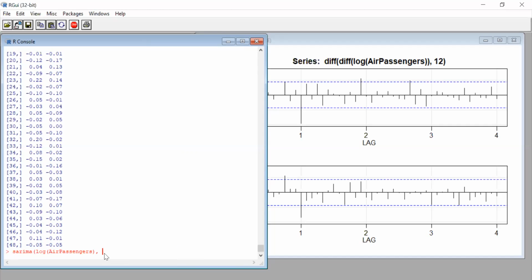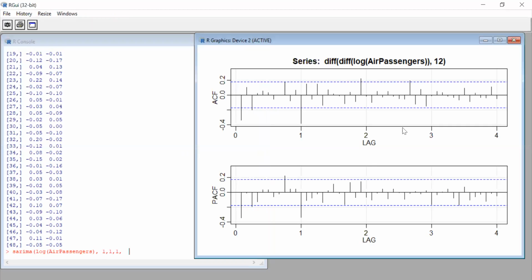That means, the very first, I suggest you just apply 1, 1, and 1. When you are reading the textbook, these parameters are small p, small d, and small q. So that must be from here, when we delete the seasonality.